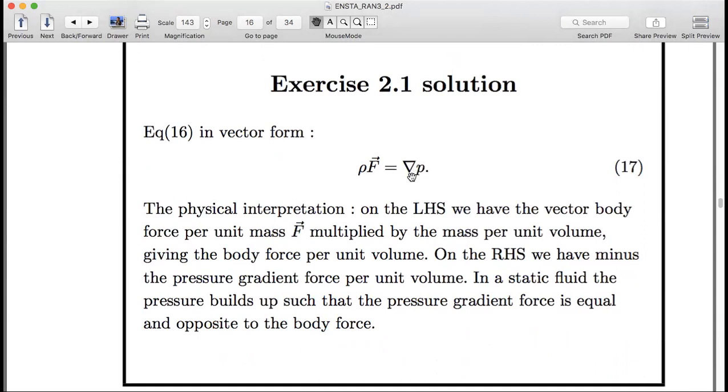So the notation in vector calculus form is this del or nabla symbol beside p. Sometimes you see it with an arrow on top, right? To emphasize that it's a vector.